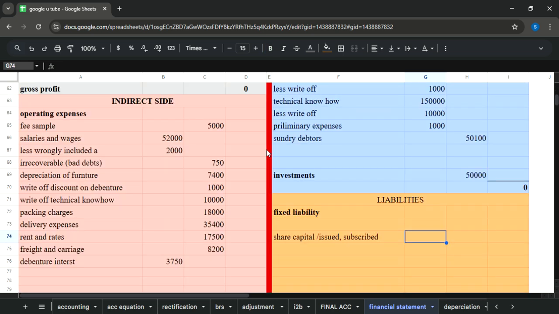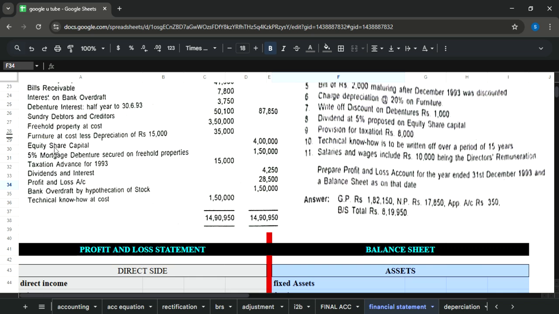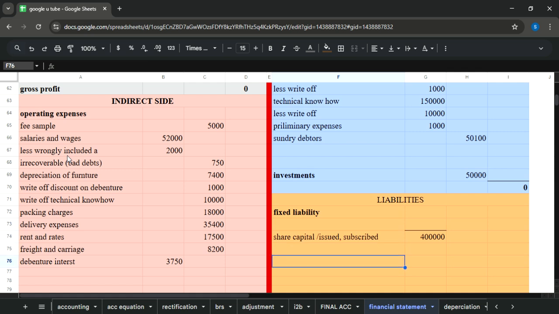So let's mention 4 lakh, and later on we will see if authorized capital is also present in this question, it would be written over here. Share capital mentioned. After that we have 5% debentures. So let's come to the fixed liability side.